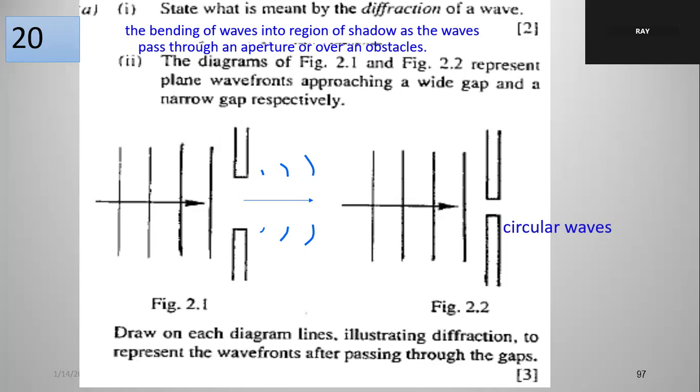That one you need to remember how to draw. Draw on each diagram lines illustrating diffraction to represent the wavefronts after passing through the gaps. That's how we draw. Still a plane wave, but spreading out. This one is a circular wave.